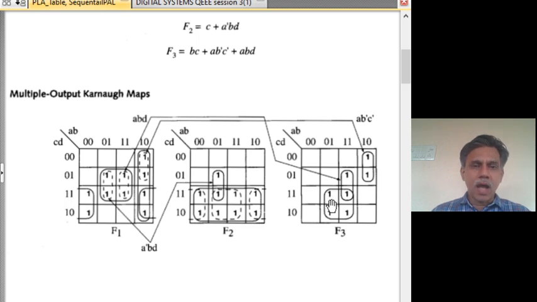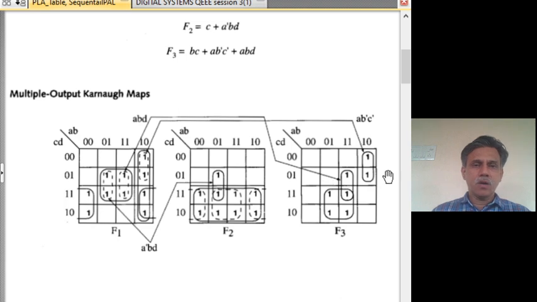Having done this one, we will reuse it here. These 2 things we will reuse here. This we will reuse in this one. Then we need this 4 square, that we will reuse here.